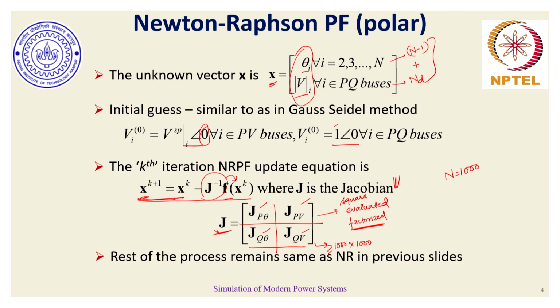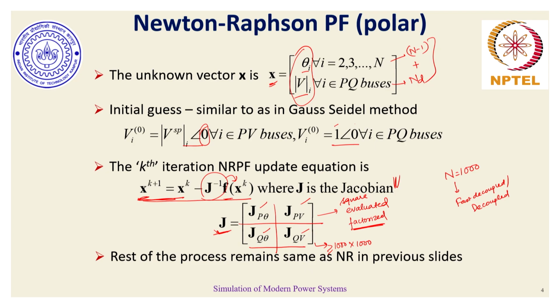networks. And that is essentially the history behind why the fast decoupled or decoupled method came into existence, wherein the inventors, or the proposers of this method, Alsac and Stott, were two different individuals, a PhD student and his supervisor.